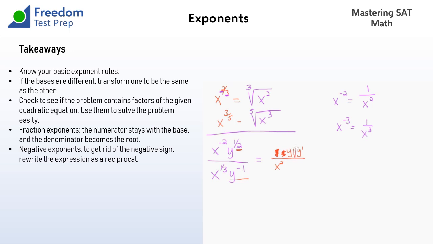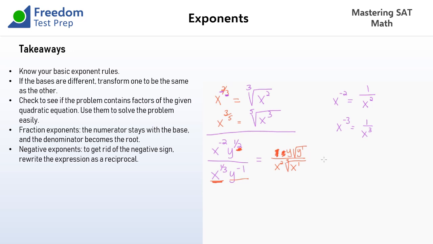And it's going to be a square root, right? Because this is the power. The bottom number is the power. So that, and then if we take the x to the 1/3, that's going to be x to the 1, and we're going to put that to the 3rd power, or the 3rd root.